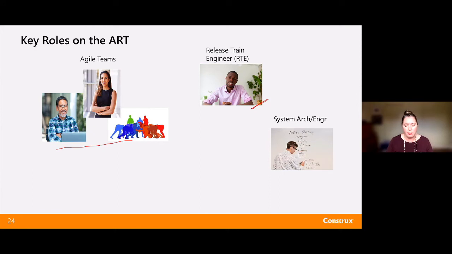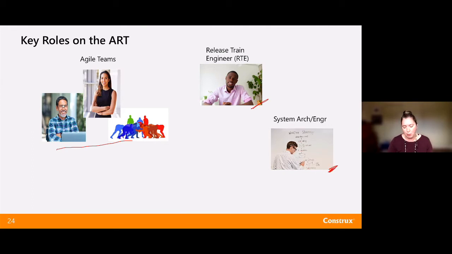There's also a systems architect or a systems engineer. This person is responsible for the architectural runway that the train's going to use. So I think of them as kind of laying tracks in front of the train from an architectural perspective, making sure that we've got enough infrastructure, guidelines, guidance, componentry, microservices, whatever that particular product or solution is laying out for its tracking.